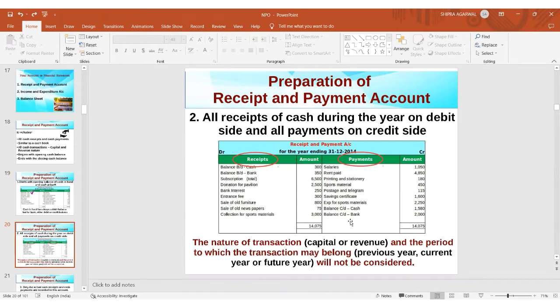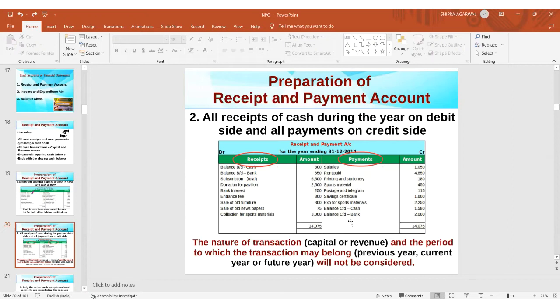Now, when we are talking about this receipts and payments account, as I told you, all the receipts, whether they are of capital nature or of revenue nature, whether they are of the previous year, the current year or the upcoming year, that is not to be considered.